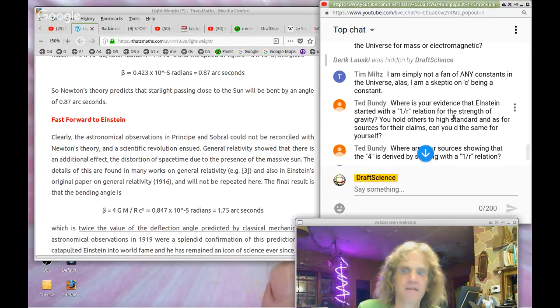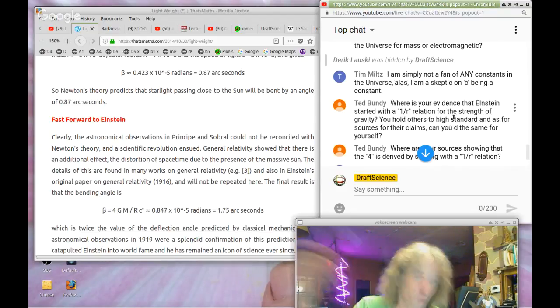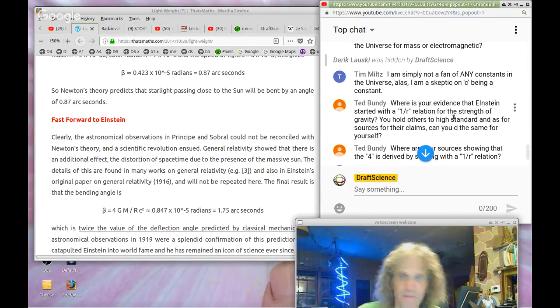Where did Einstein have any evidence photons make the sun twice as heavy? Because that's what he did to the formula. Changing the 2 to a 4 makes the formula say the sun is twice as heavy. Why is the sun twice as heavy for photons and not for anything else?